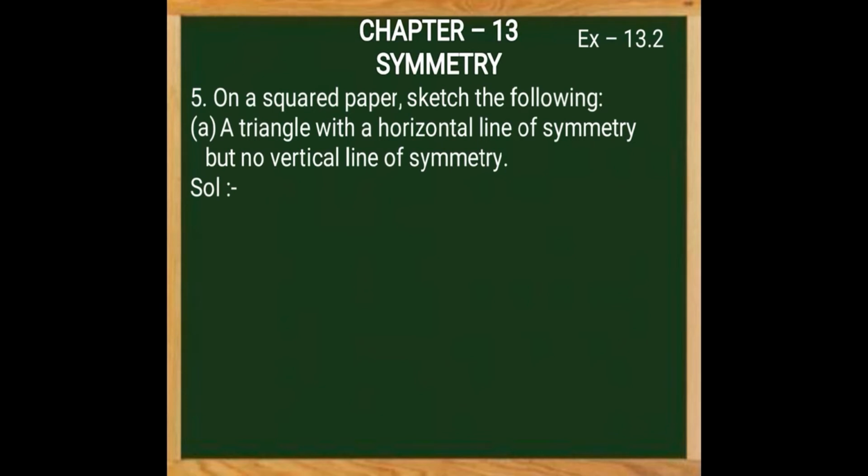So if we try to make a triangle which has a horizontal line of symmetry but no vertical line of symmetry, that means they are talking about a single line of symmetry, so naturally it would be an isosceles triangle.